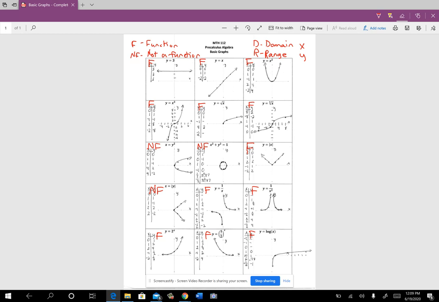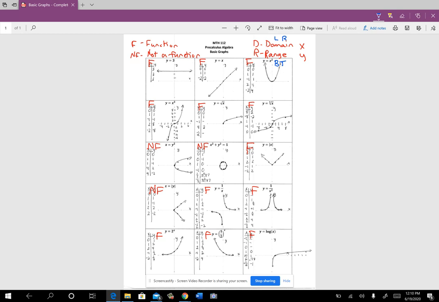When thinking about domain, if I'm looking at a graph, the domain is going to be looking at the leftmost and the rightmost values. Range deals with y's, so you're looking at the bottommost and topmost values, lowest and highest.